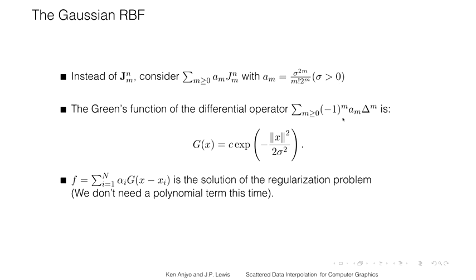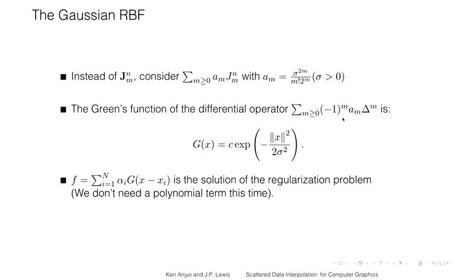When we want the Green's function, it's described in the form of a Gaussian. Then we don't need to add the polynomial term, because in this case the RHS space spans the whole space.